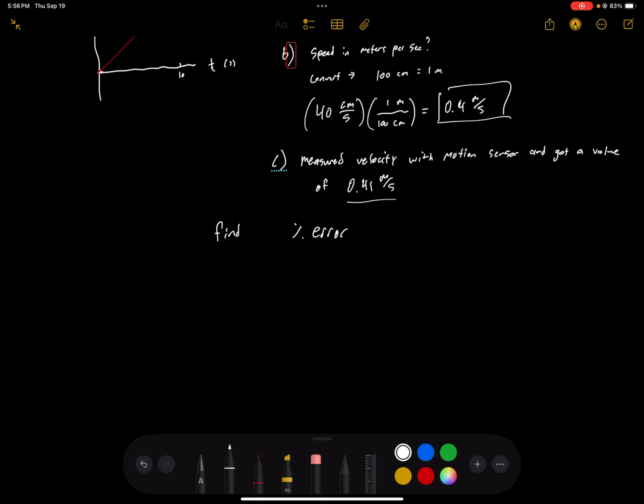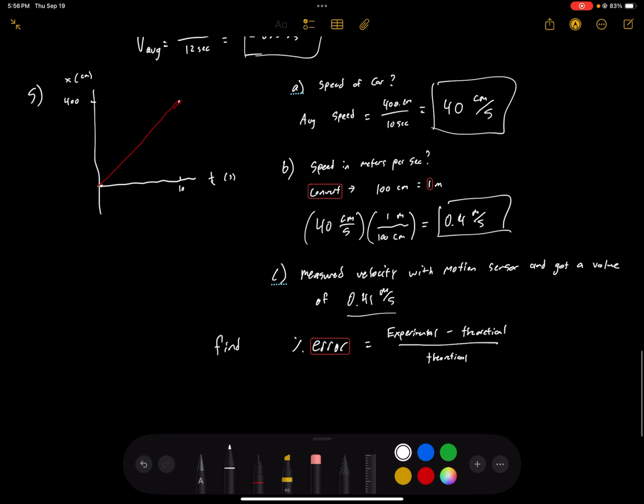So we have our experimental value minus what it should be, over what it should be.